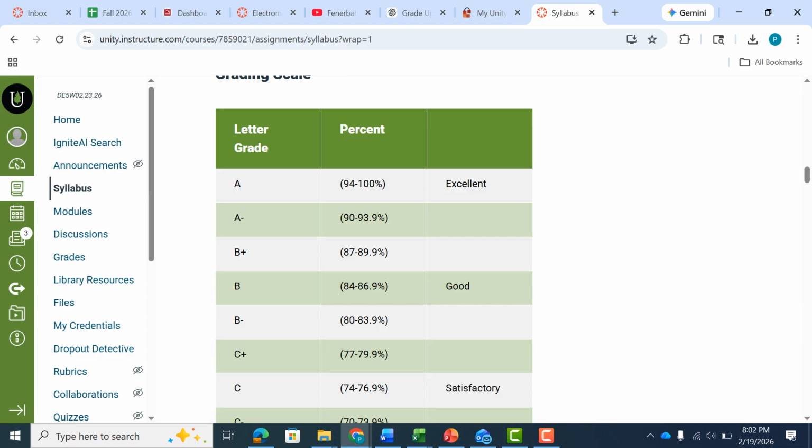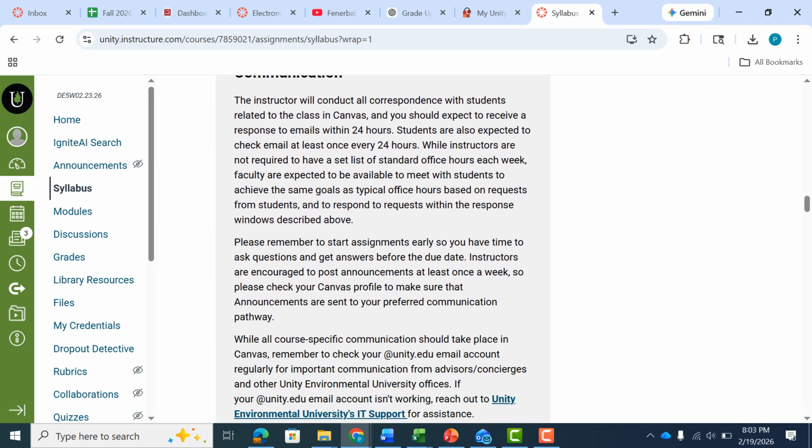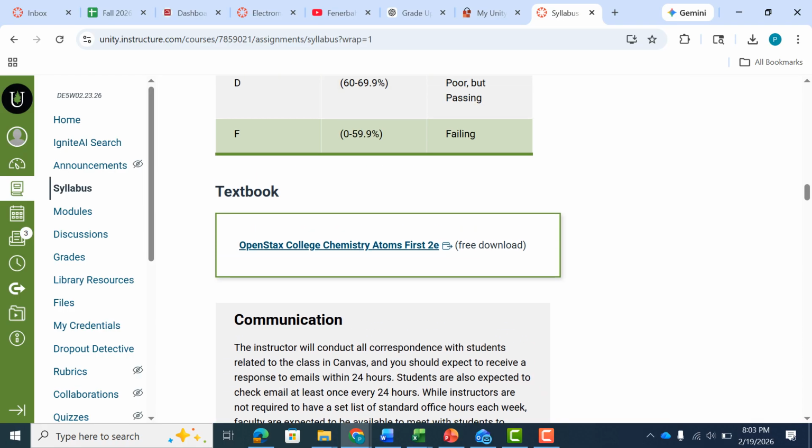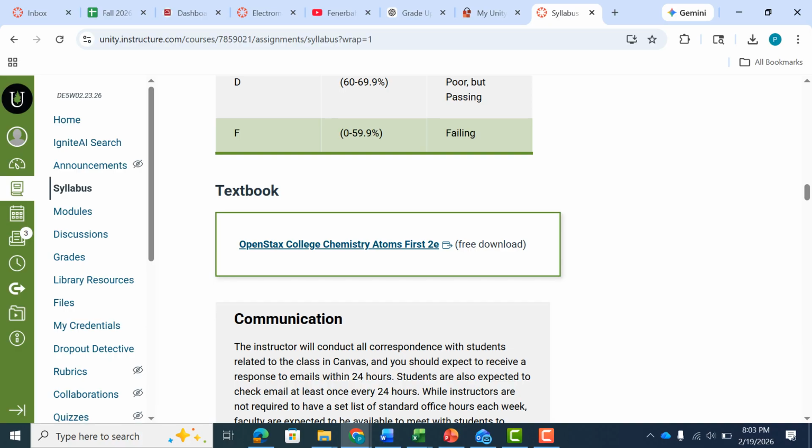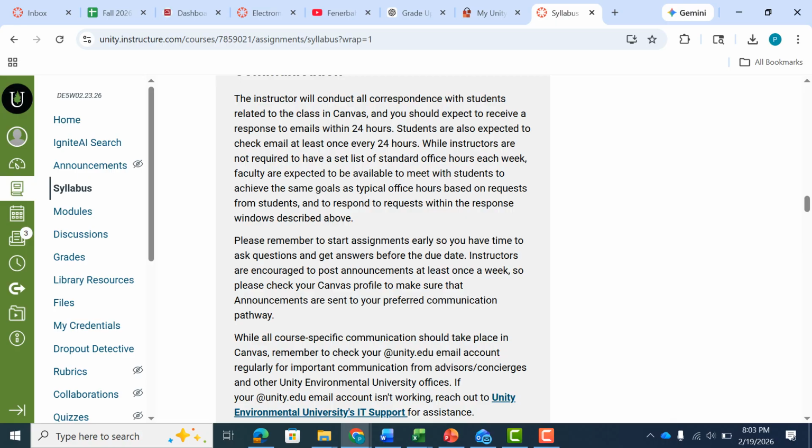Letter grades are here. We talked about the textbook that you can get, OpenStax College Chemistry. Just click here, you can download that. Communication, the instructor will conduct all correspondence through Canvas. You send me an email, I will answer through Canvas. So it's best to just send it through Canvas so I can answer there.